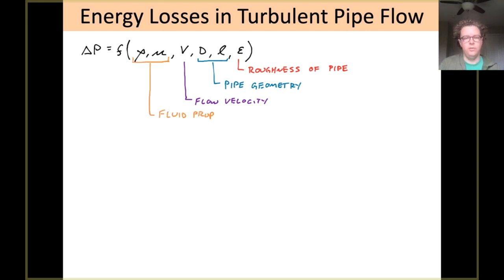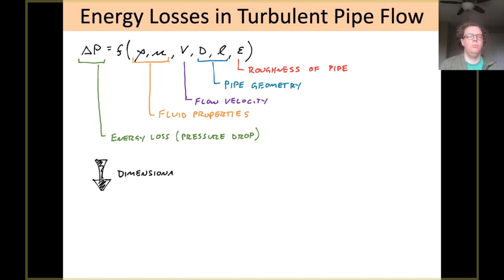Of course, what the fluid is may matter here. If it's air versus water or oil, you might get different energy losses. And that term on the left-hand side is what we're actually after. And we're assuming here that energy loss is going to take the form of a pressure drop.